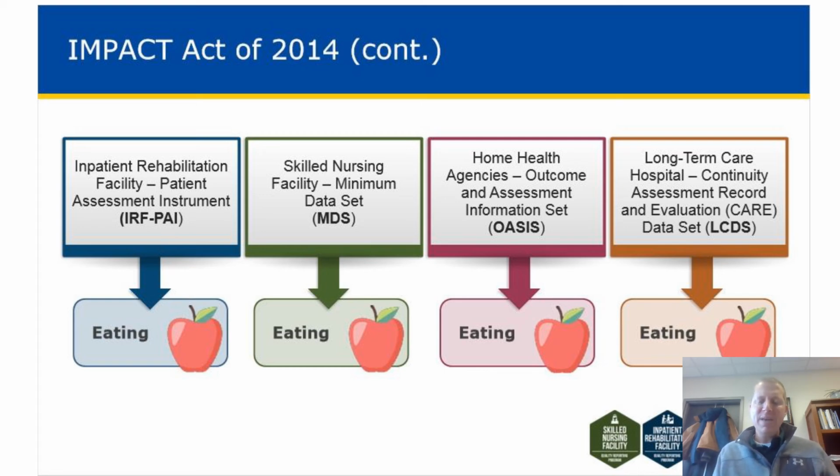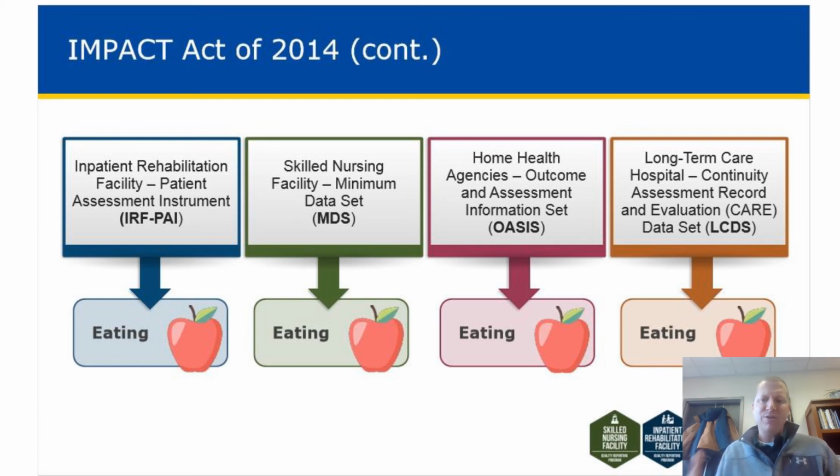It's all being covered by Medicare, right? And so Medicare is going back and saying, okay, inpatient rehab, from your time of discharge you said this client was at min assist with eating. However, your home health agency is saying they're max assist. That's not a reliable way of measuring eating.